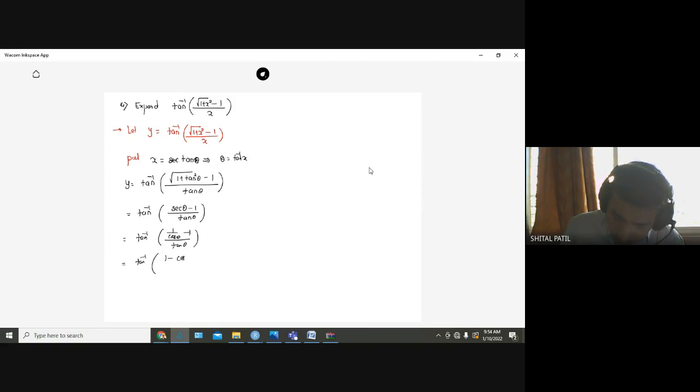1 minus cos theta divided by cos theta, and this is sin theta divided by cos theta.